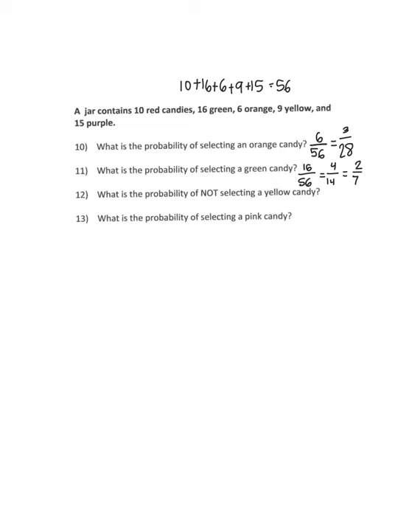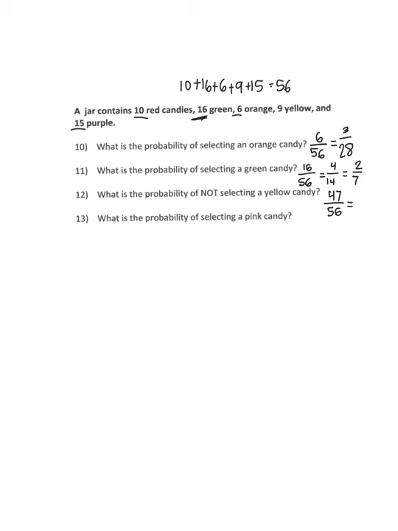Number 12, what is the probability of not selecting a yellow candy? So that means I could select any other color, but not yellow. So that would give me 47 options total out of my 56. 47 is what I get when I add up 10 and 16, 6 and 15, so I leave out my yellow candies.